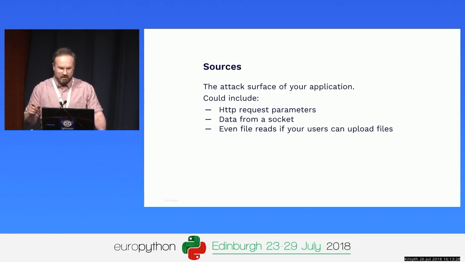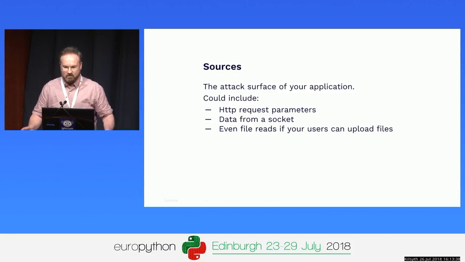That parameter is a source of things you do not trust. There's nothing wrong with Django. It's not that there's a fault with Django. It's that it is the entry point into your code where the outside world is sending you stuff.